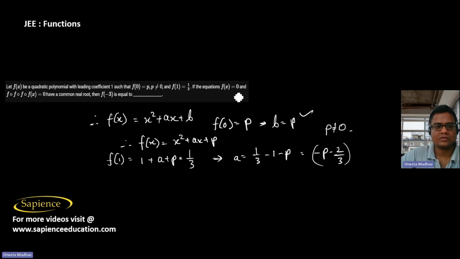If the equation f of x equal to 0 and f of f of x equal to 0 have a common real root, then find f of minus 3.